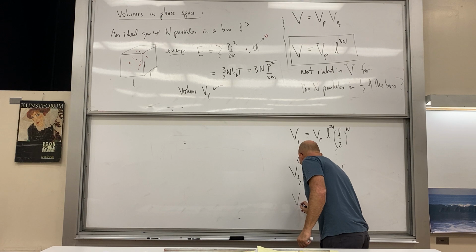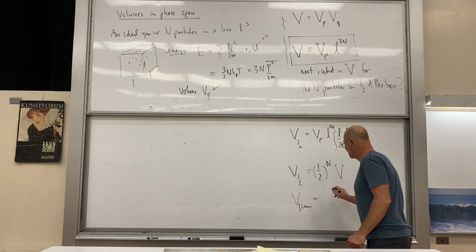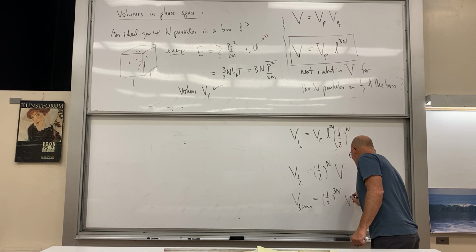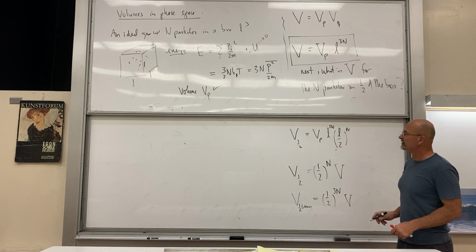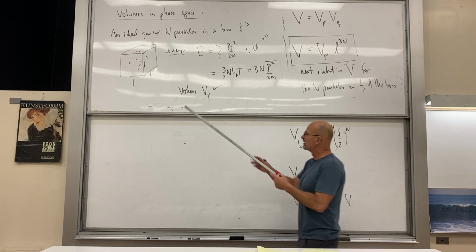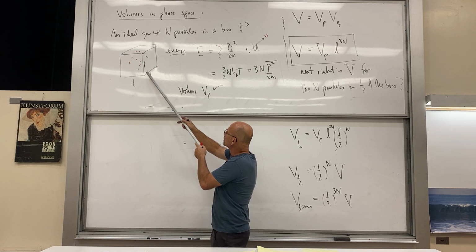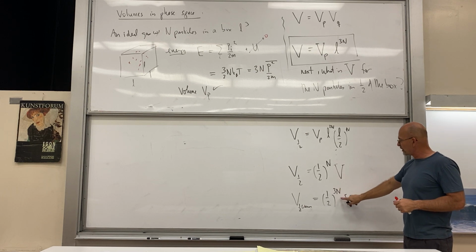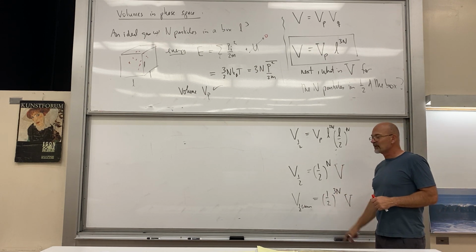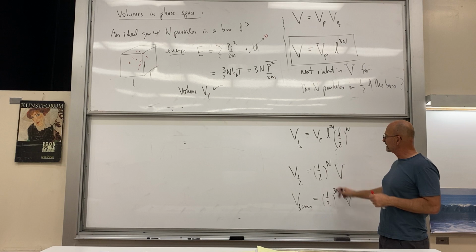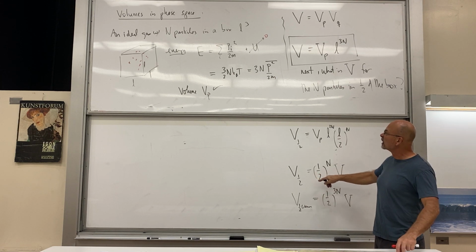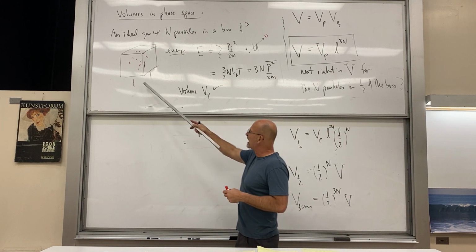V sub 1/2 corner is going to be 1/2 to the 3N power times the original volume. If you wanted all those particles confined in a small corner, you can see these volumes are absolutely infinitesimal. You take 1/2 to the nth power, where N is 10, 20, 30, 100, etc. This is an extraordinarily small corner of the entire space.